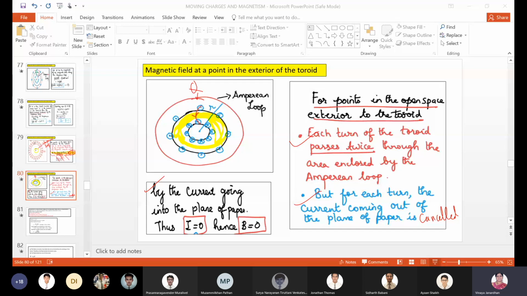I'm imagining a current carrying toroid lying on the plane of your computer monitor. So the first half of each turn of the copper wire is coming out of the plane of your monitor, and the second half will be into the plane of the monitor. That's what this line specifies: each turn of the toroid passes twice through the area enclosed by the Amperian loop. It passes at this point.